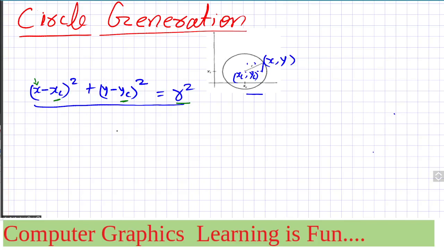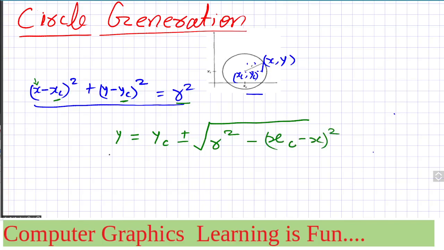You can find it like y is equal to yc plus or minus the square root of r square minus xc minus x square. How has this happened? By simplifying this equation, right?